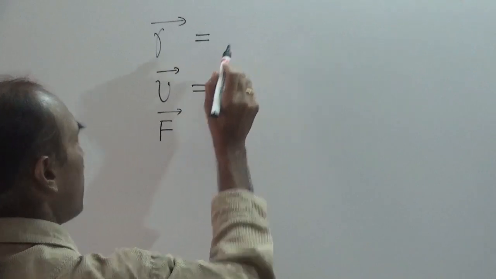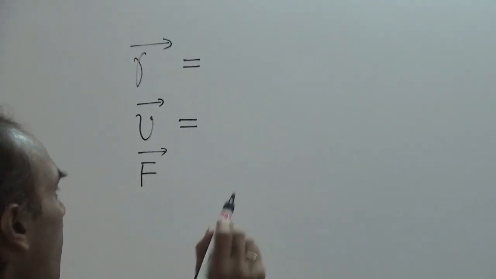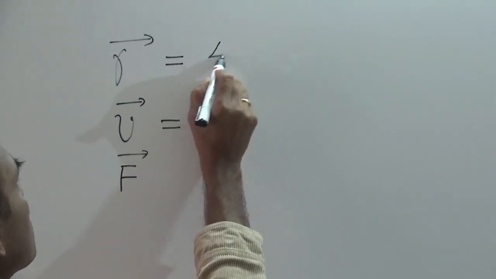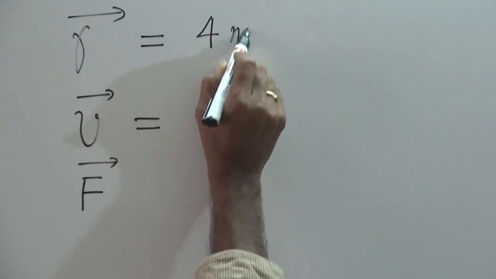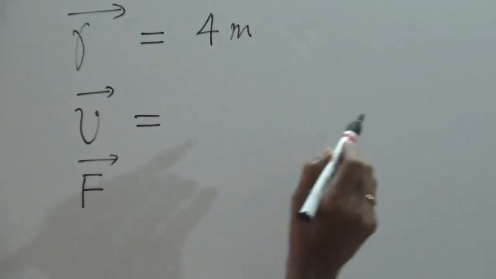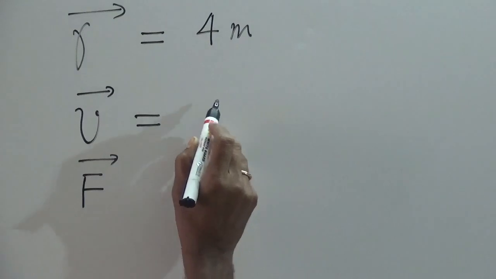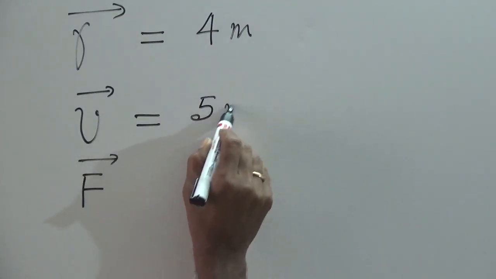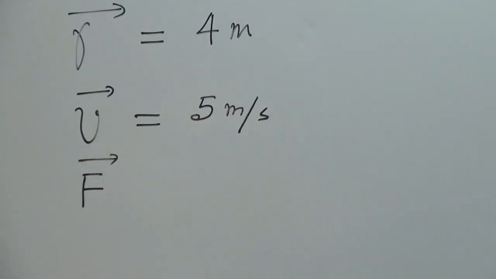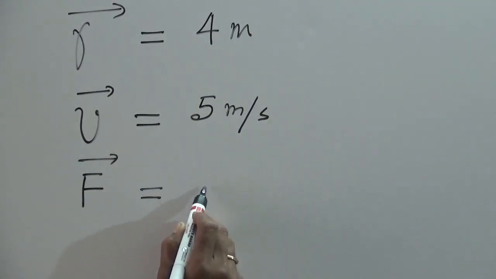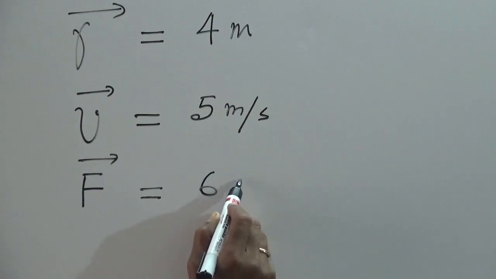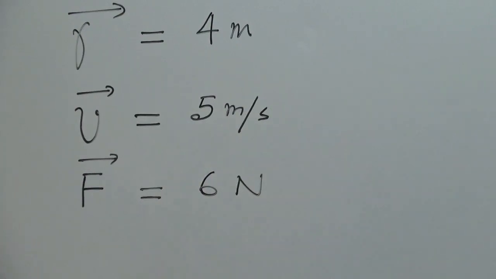Let the position vector be, suppose, 4 meter, the velocity vector be 5 meter per second, and the force vector, let it be 6 Newton.